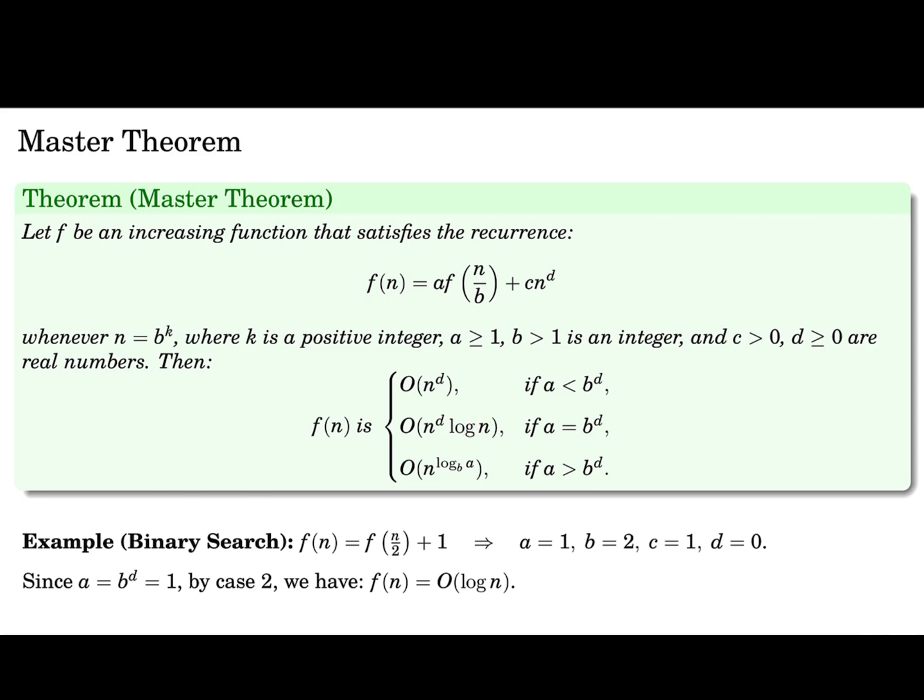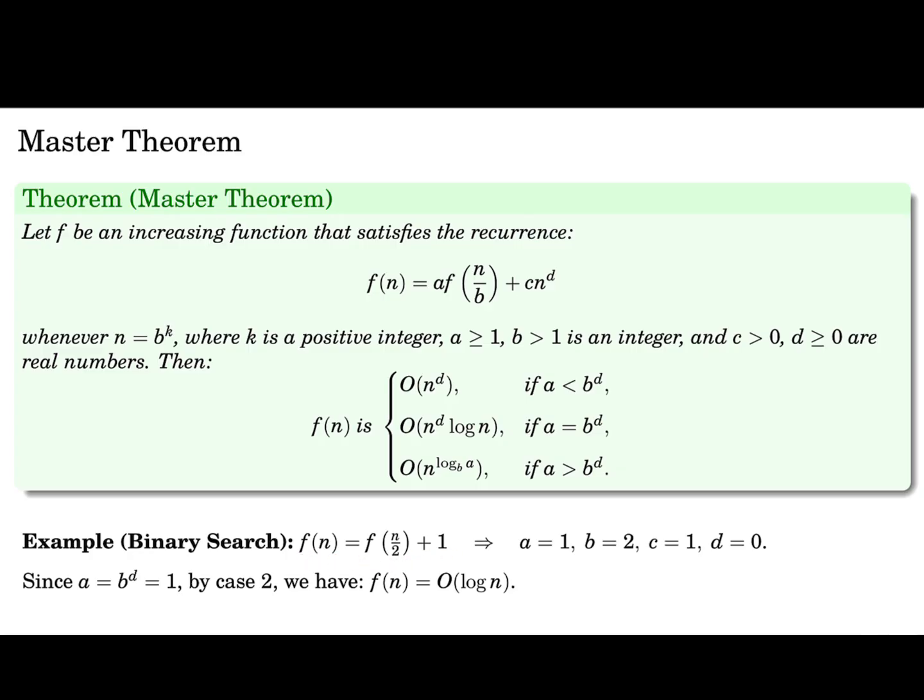And if a is larger than b to the d, then what will dominate the cost is n to the power log a in base b.